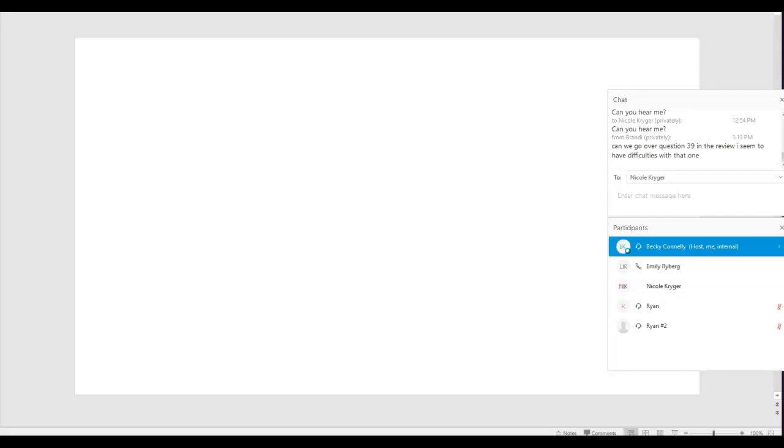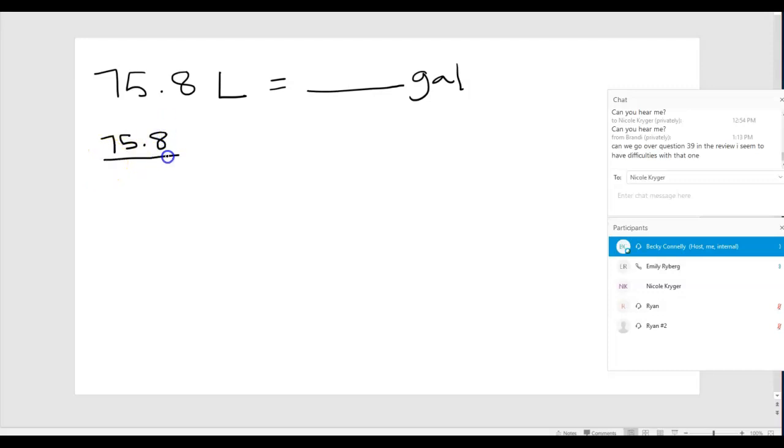So let's say 75.8 liters equals how many gallons? So we'll still start off with that 75.8 liters over 1.